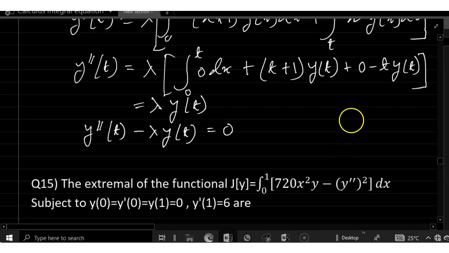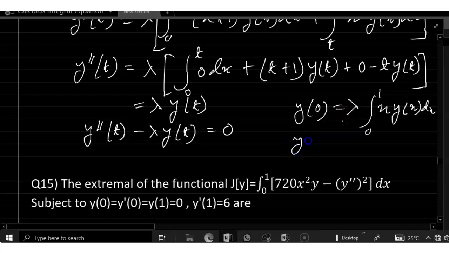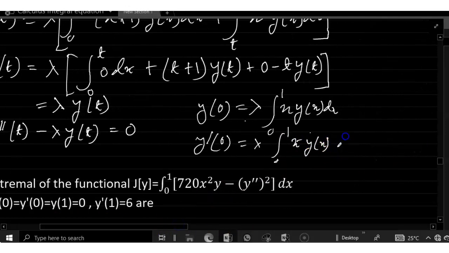Where y0 equals lambda 0 to 1 x yx dx and y dash 0 equals lambda 0 to 1 x yx dx.